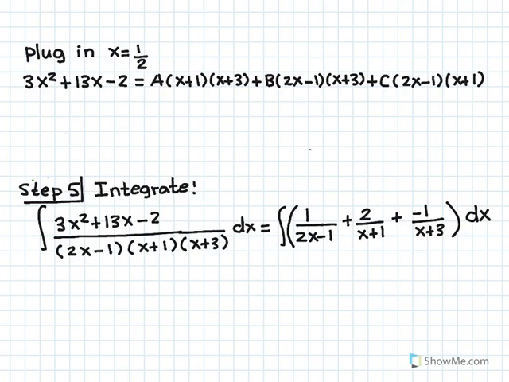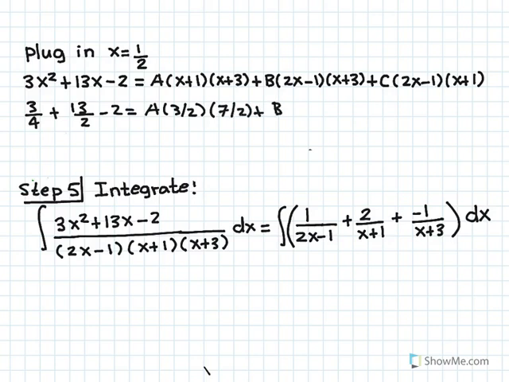Lastly, let's substitute x equals 1/2 into both sides of the equation, and we will solve for the remaining coefficient a. Putting 1/2 into the left-hand side, we get 3/4 plus 13 over 2 minus 2 is equal to a times 1/2 plus 1, that's 3/2, times 1/2 plus 3, that's 3.5, that's 7 over 2.